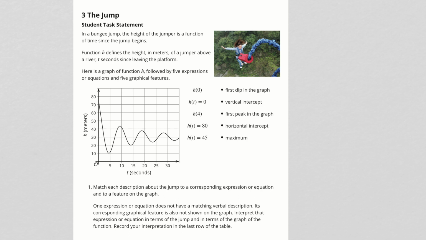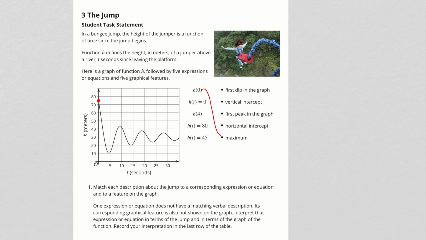So we have h of 0, and that's going to represent the first dip in the... Oh, no, wait. Let's see here. We need to match those so these don't go together. So we have h of 0. That is up here. So h of 0 is going to be... I think it's going to be our maximum here.